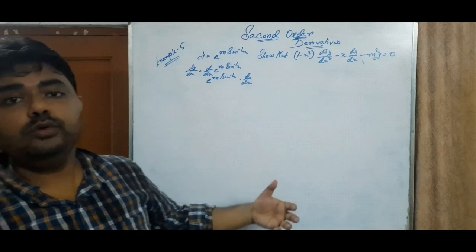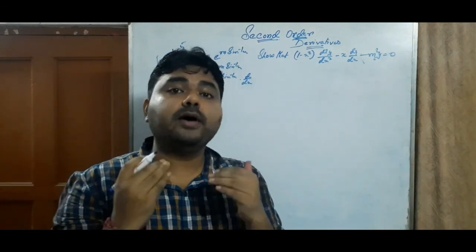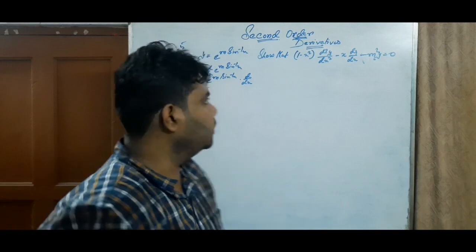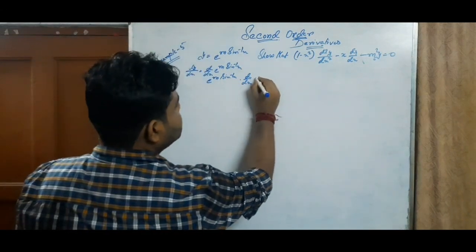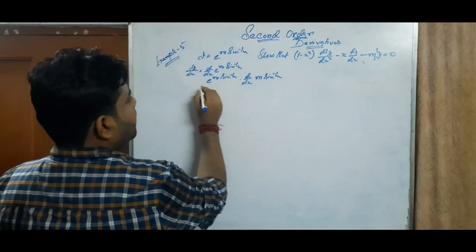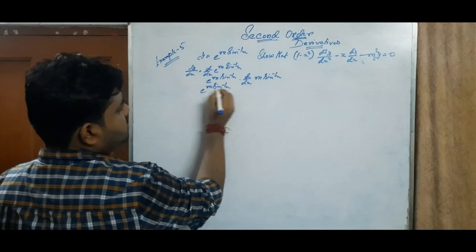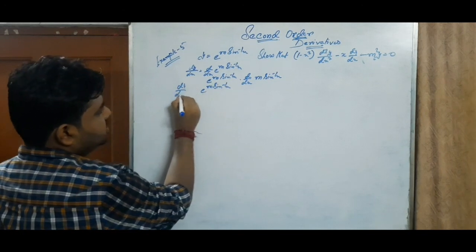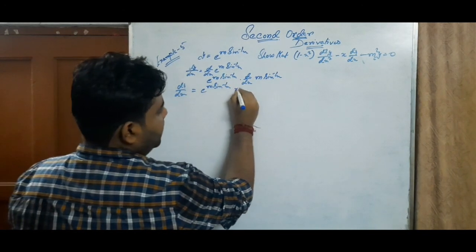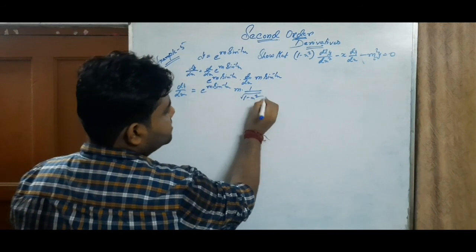Now we have to differentiate m sine inverse x separately, by using the chain rule, that is d/dx of m sine inverse of x. So dy/dx equals e to the power m sine inverse of x into m into 1 by root over 1 minus x square.